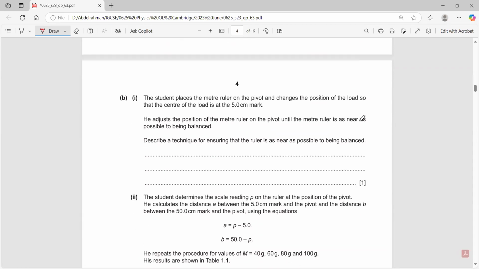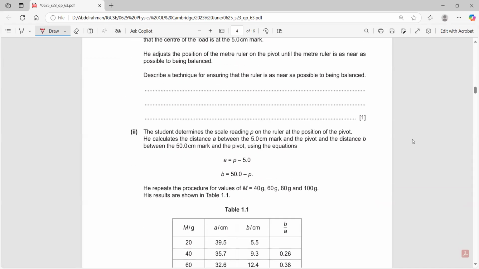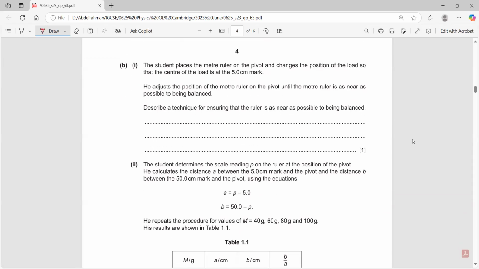The student places the meter ruler on the pivot and changes the position. He adjusts the position of the meter ruler on the pivot until the meter ruler is as nearly as possible to being balanced. Describe a technique for ensuring that the ruler is as near as possible to being balanced. One technique would be to balance the ruler.